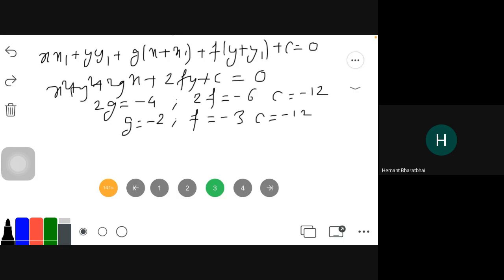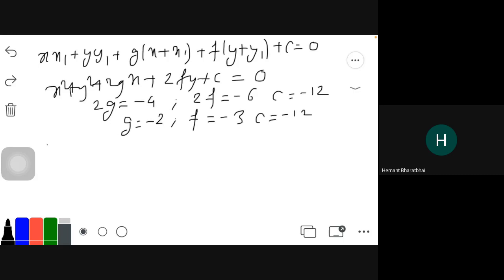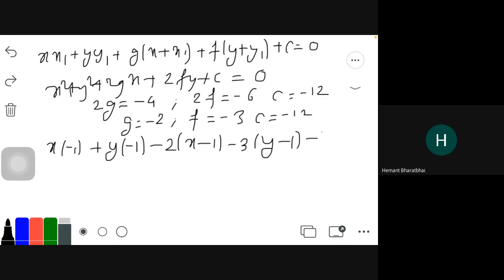So when we substitute these values, we'll get x into x1, x1 is minus 1, plus y into y1, y1 is also minus 1, plus g is minus 2 into x plus x1, so that will be x minus 1. f is also negative, so minus 3 into y plus y1 is minus 1, so y minus 1, plus c is also minus, so minus 12 equals to 0. So I'll get minus x minus y.